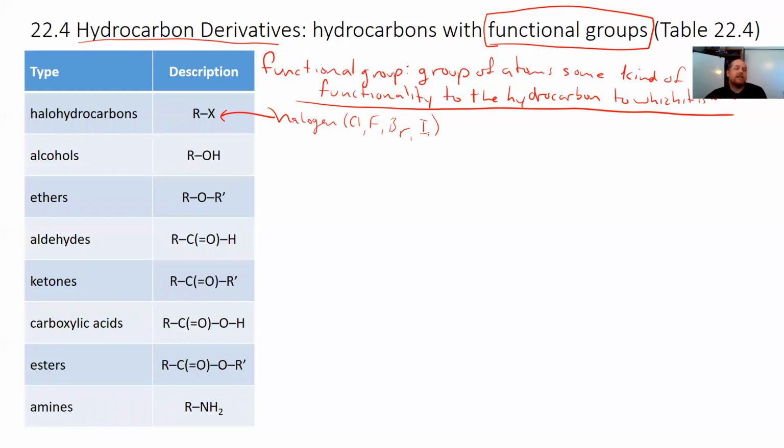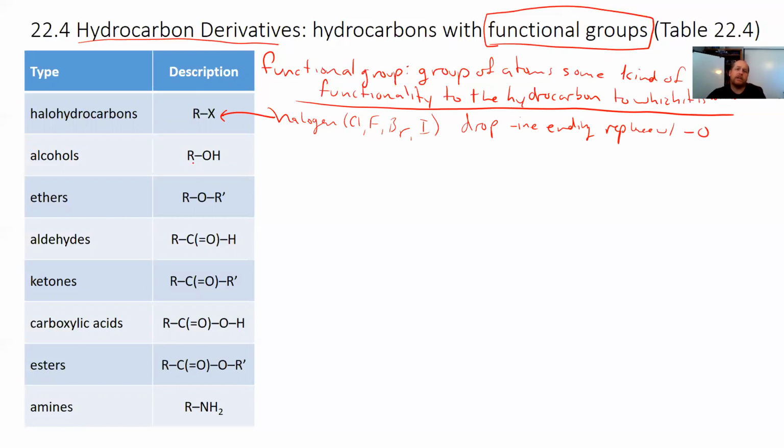We've already done the nomenclature of those: chloromethane, bromomethane, etc. On those, we're just dropping the -ine ending and we replace it with -o. So that was what we did there.